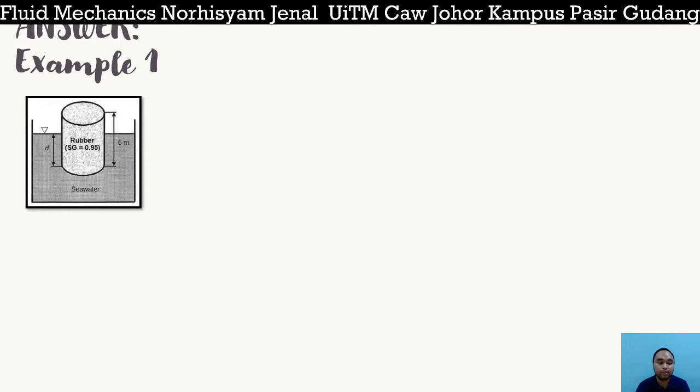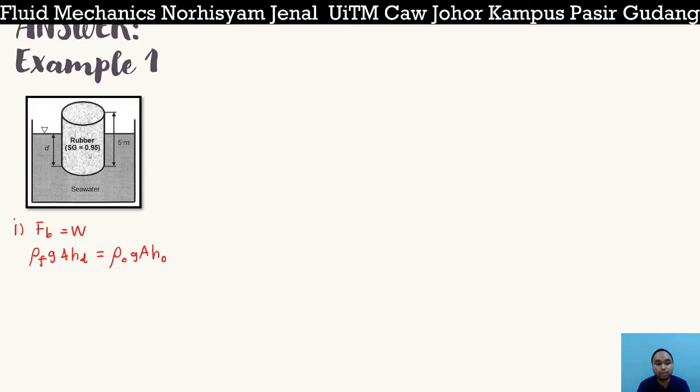So for example 1, the first question asks us what is HD. So HD can be searched through this equation. FB is equal to W. So rho fluid g A HD is equal to rho object g A height of the object.